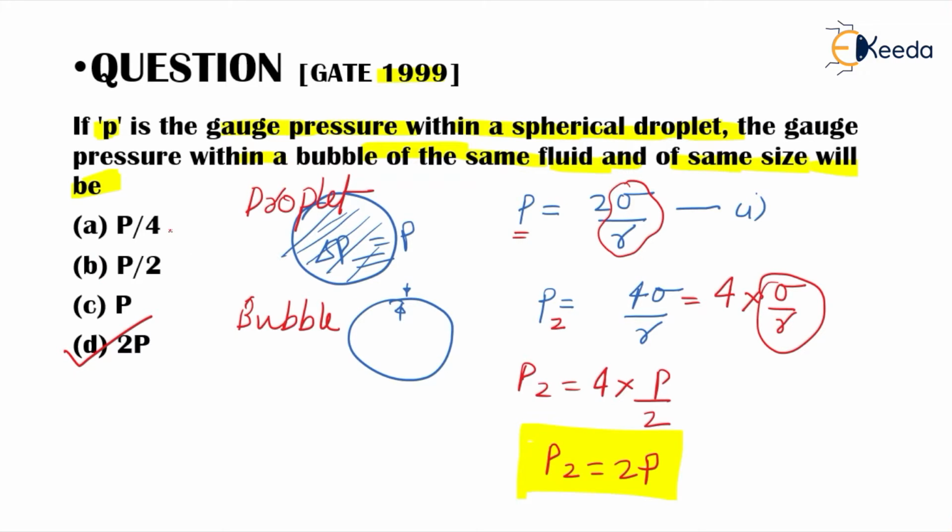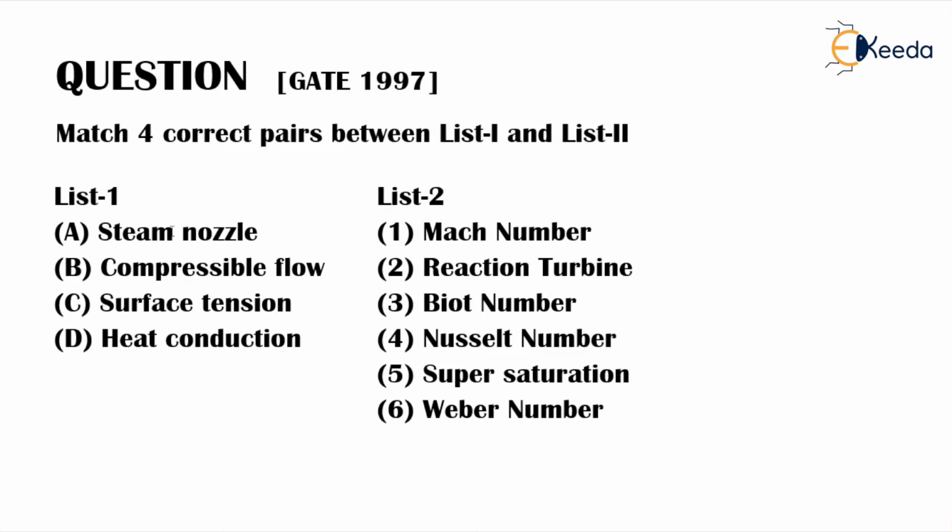Now this problem is also a very old problem in the GATE examination. Here the only term which we know as of now is surface tension, so my discussion will be restricted to this. Surface tension is to be matched with what?